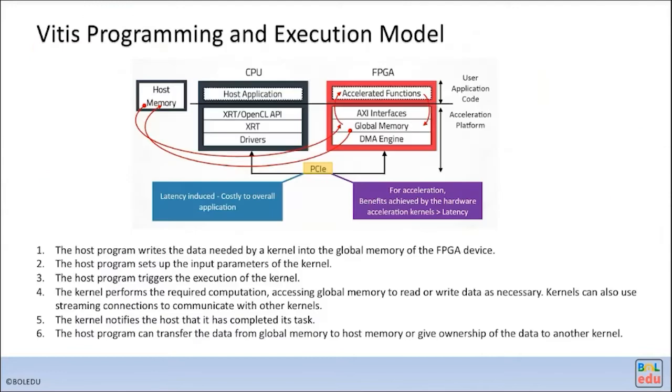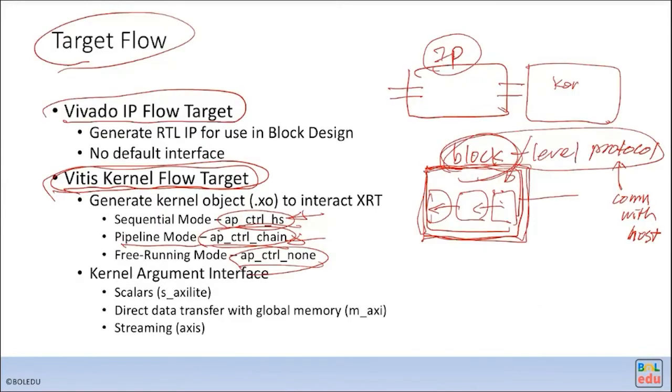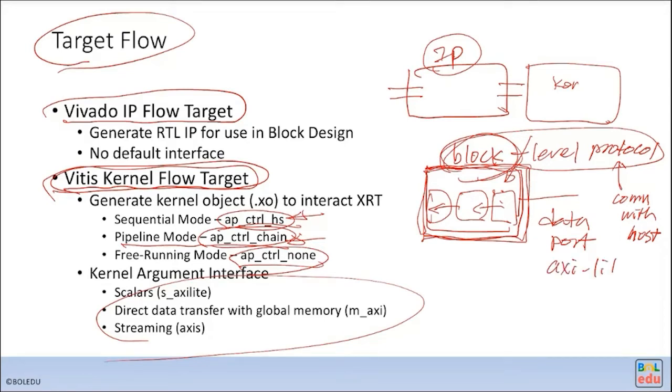And for the data port, you have three interfaces that we also talked about in lab 2, the Pynq lecture. You have AXI-Lite, for the arguments or a small amount of interface argument data.